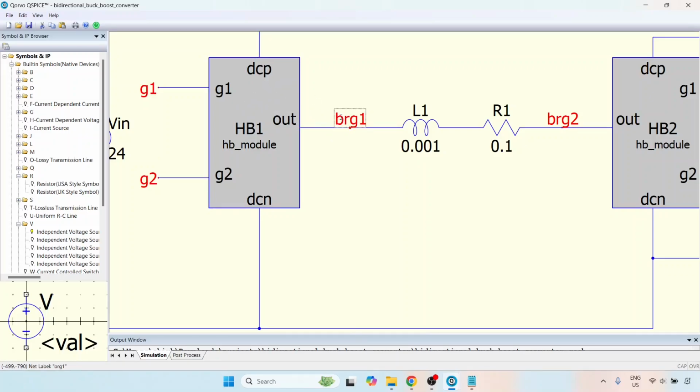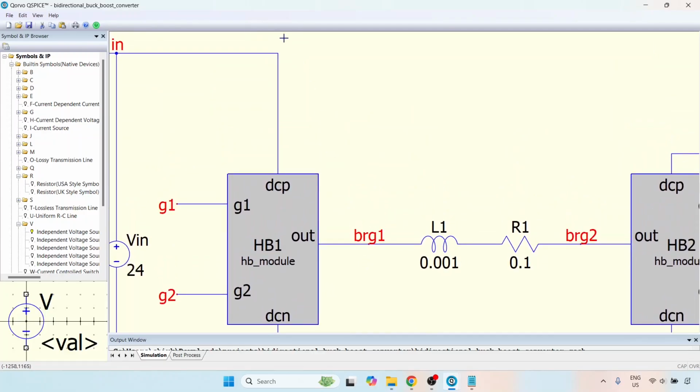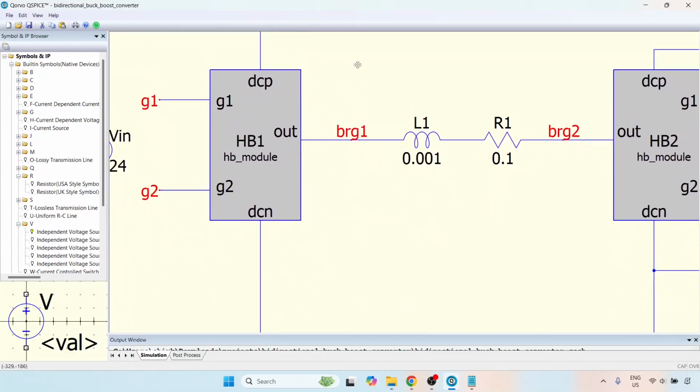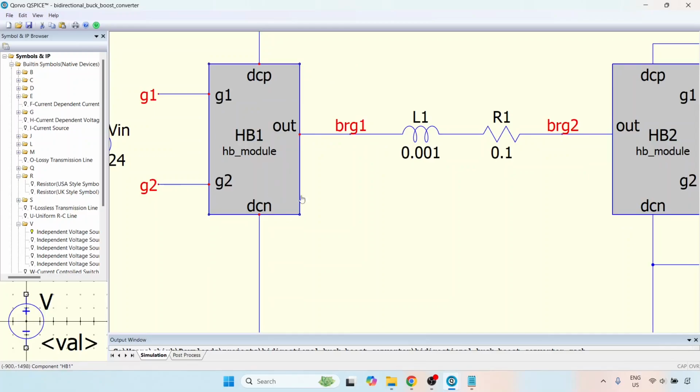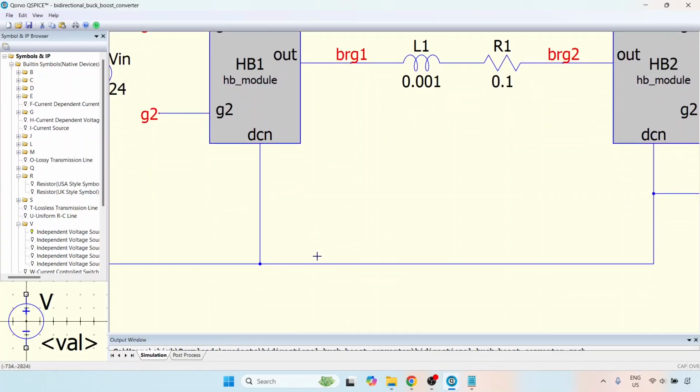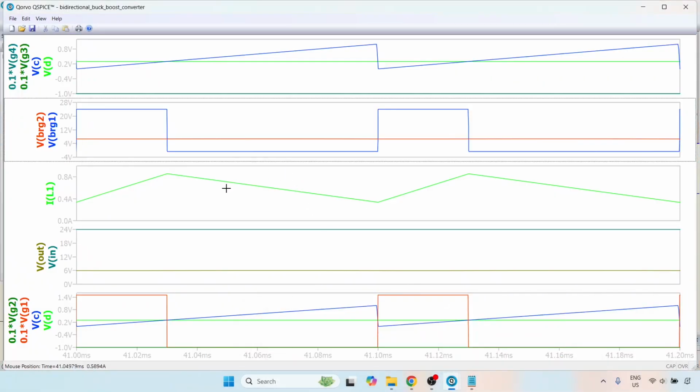Whenever it is turned on, this net, that is bridge BRG1, is connected to the positive DC link voltage, and whenever it is turned off and the diode is conducting, BRG1 is connected to the ground. And that is why you have a switched voltage.